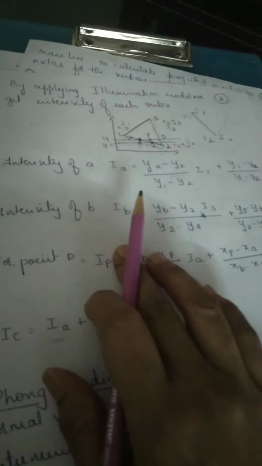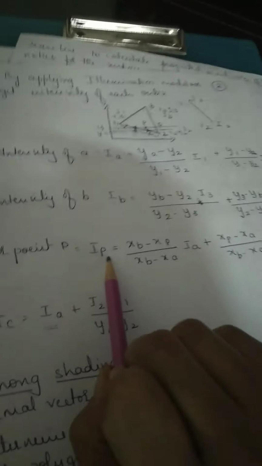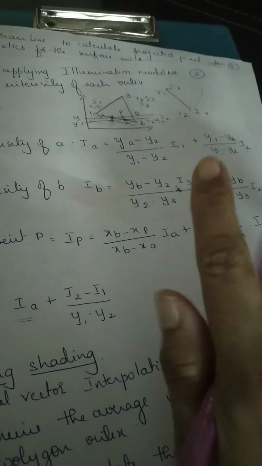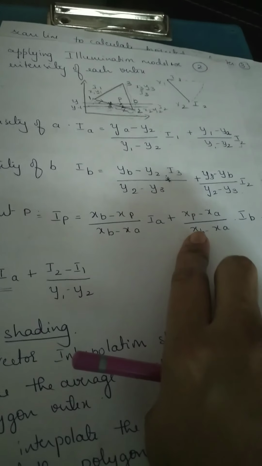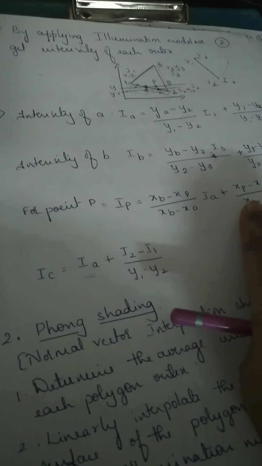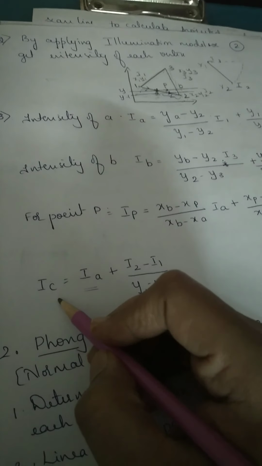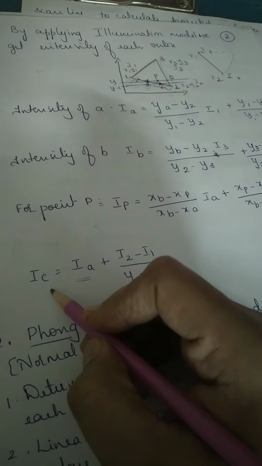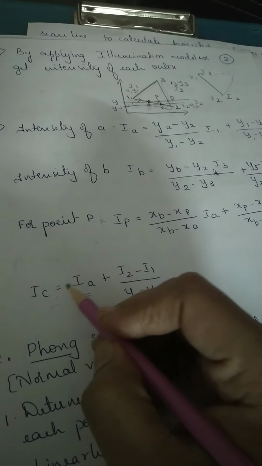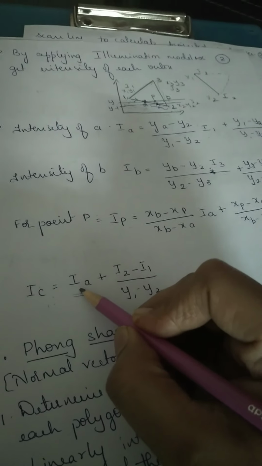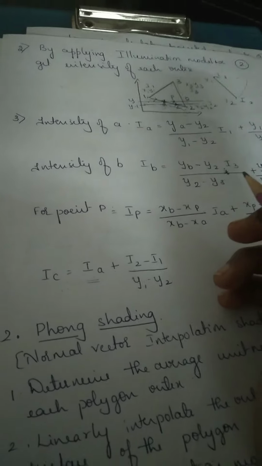Similarly, the intensity of B is calculated with this formula, and then at point P the intensity is calculated like this. Here I will take only x coordinate values. Now, the calculated intensity is equal to IA plus (I2 minus I1) by (Y1 minus Y2).